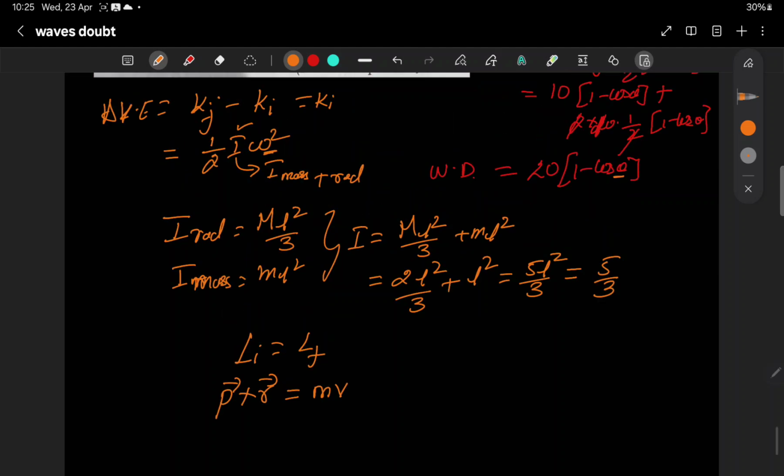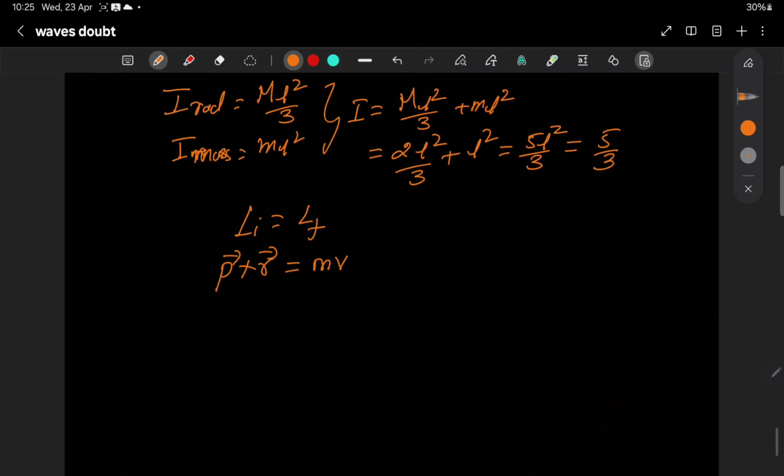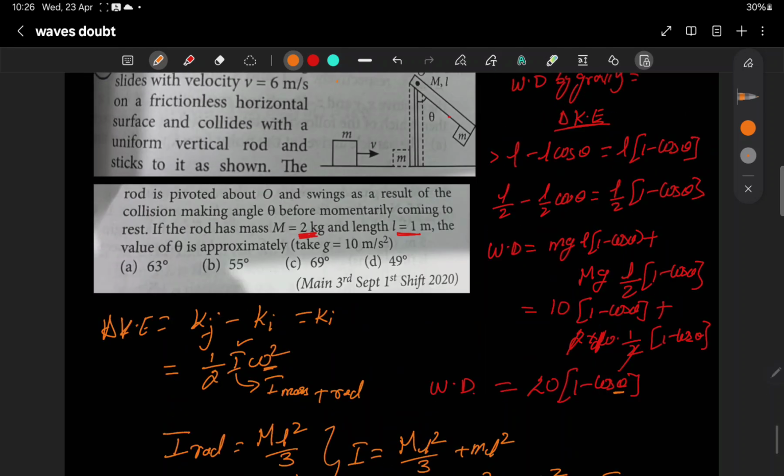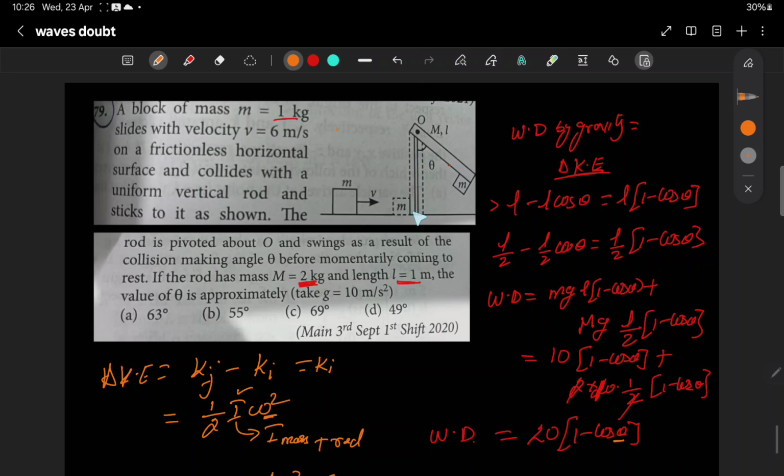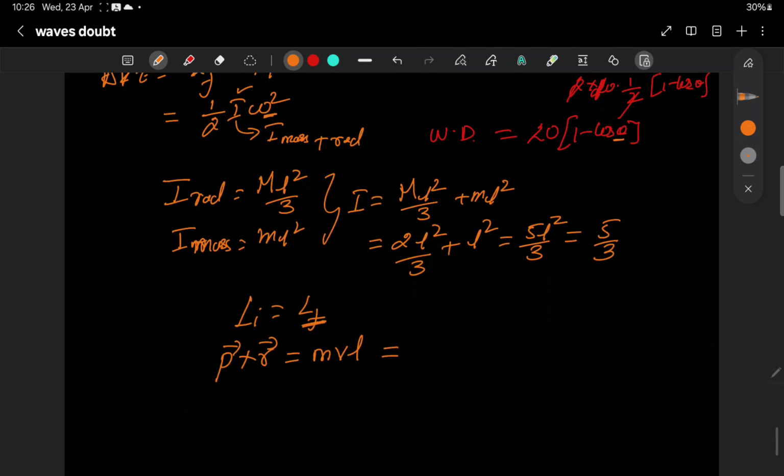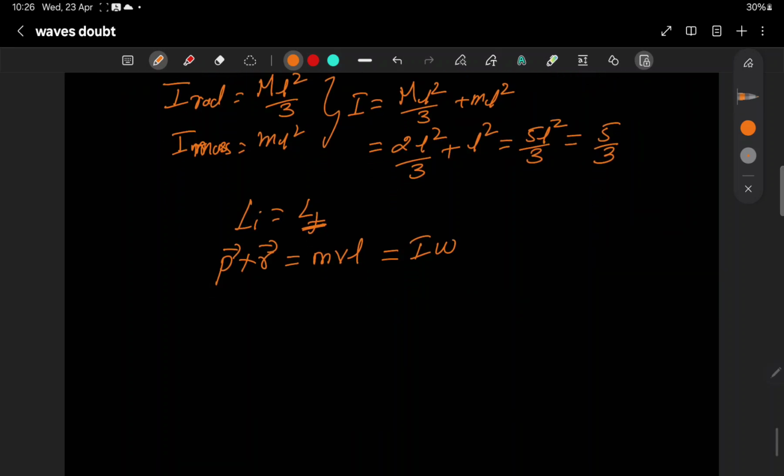The distance from the axis of rotation is what? L. So this is mvL. So this should be equal to what? Finally, what is happening after collision? The moment after collision, it is going to rotate with a momentum of I omega, correct? So angular momentum is I omega. Fine. So using this we can find what is omega.